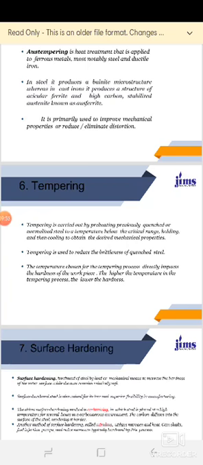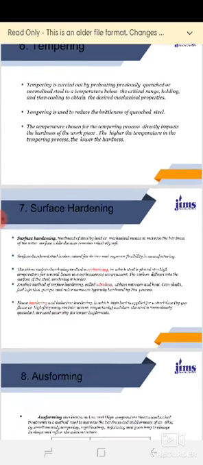Tempering is used to reduce the brittleness of quenched steel. The temperature chosen for the tempering process directly impacts the hardness of the workpiece. The higher the temperature in the tempering process, the lower the hardness.